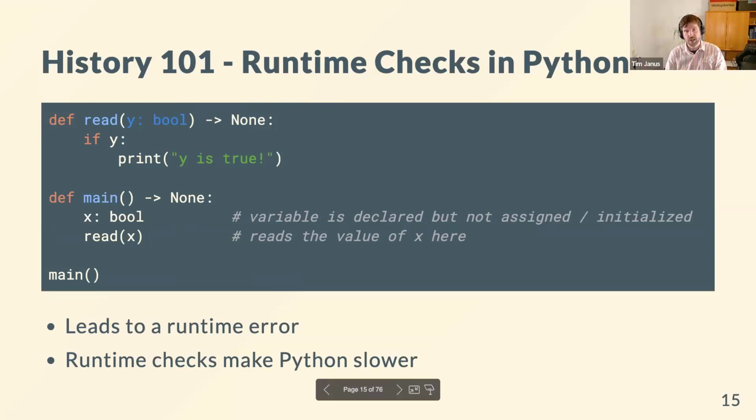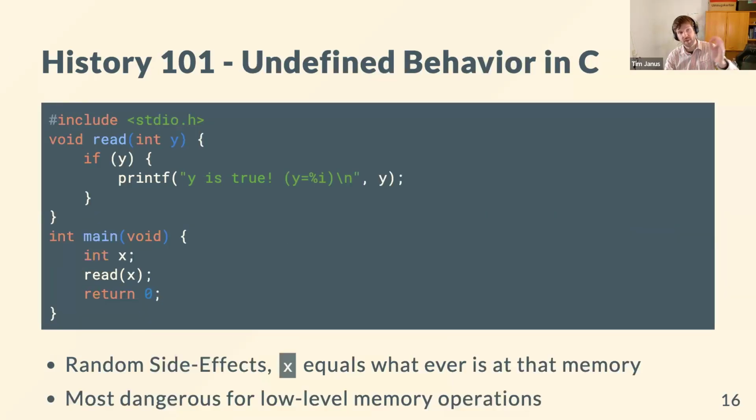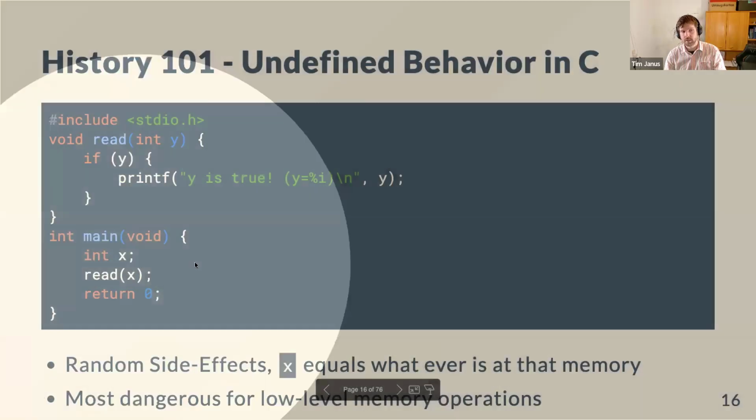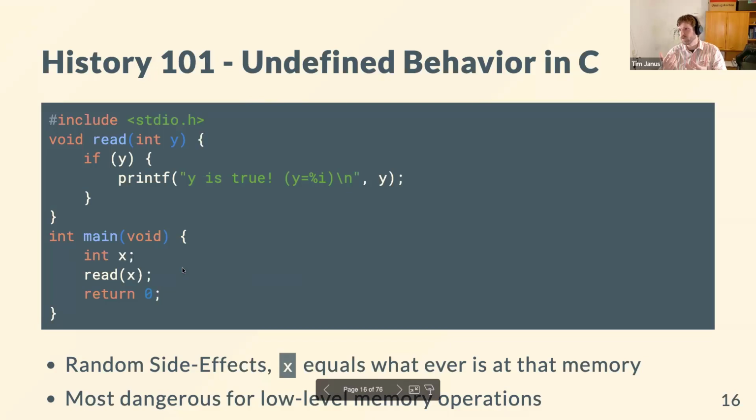Because of these runtime checks, that's one reason why those languages are a bit slower. And when you go further back in time, in C, people normally cared more about performance and being very expressive. So you could just declare a variable, and then it's quite random what is in X now.